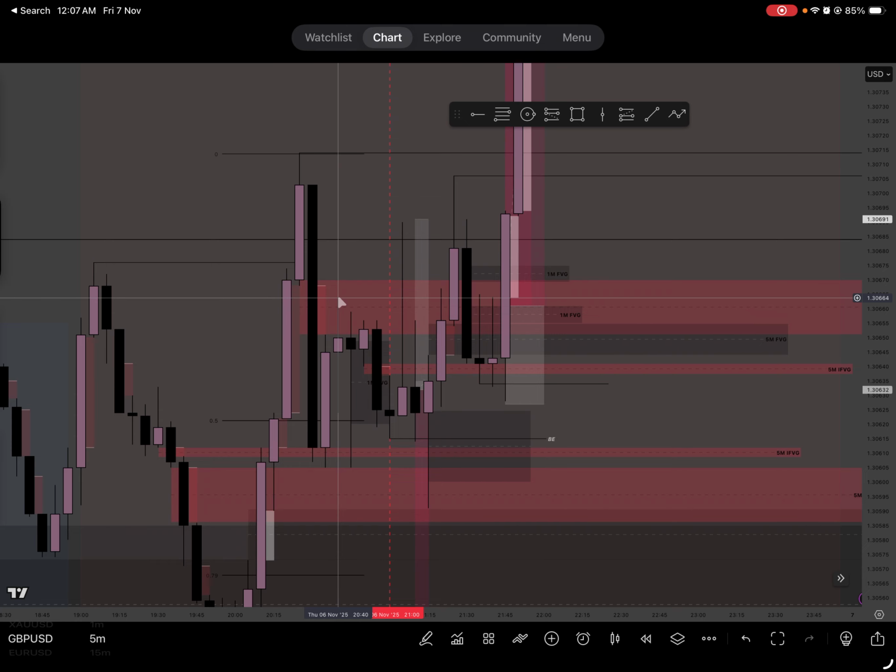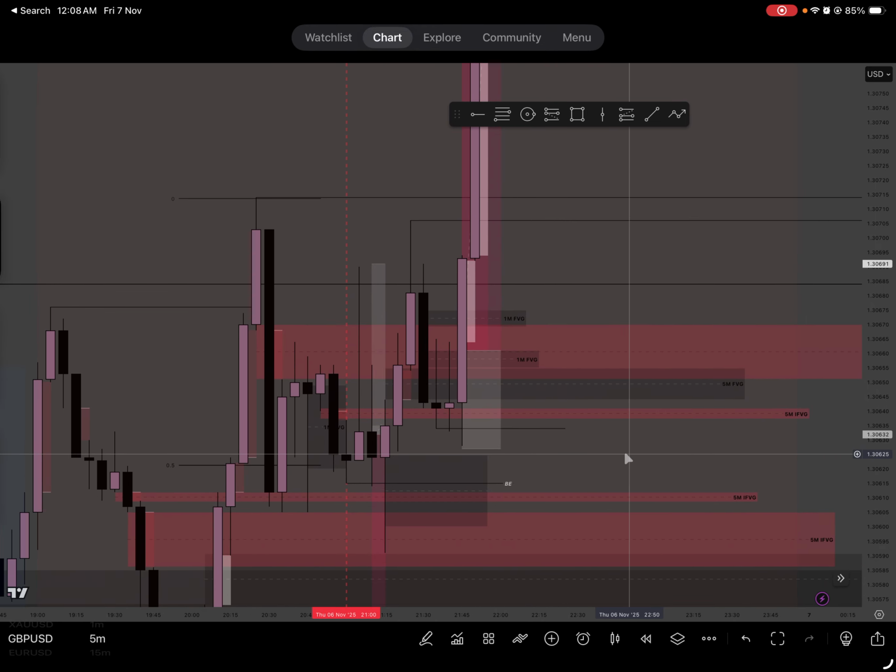And we still hold within the fair value gap created on a displacement move after displacing from this 5-minute bearish fair value gap. After displacing from it, we created a 5-minute bearish fair value gap once again. So what did we do? We took out these highs in the fair value gap, and also we did not close above this fair value gap.